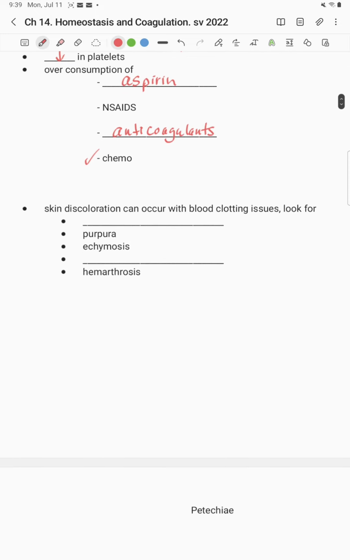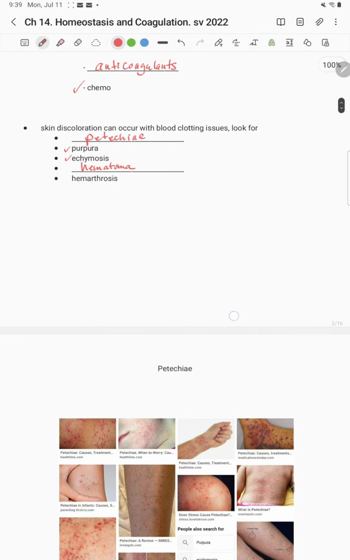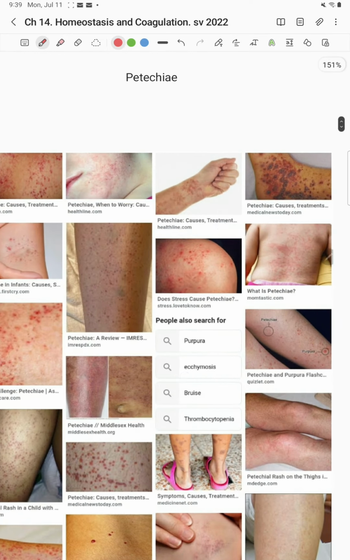Okay, skin discoloration can occur with blood clotting issues, so you look for petechiae, purpura, ecchymosis, hematoma, and hemarthrosis. Okay, petechiae looks like this.